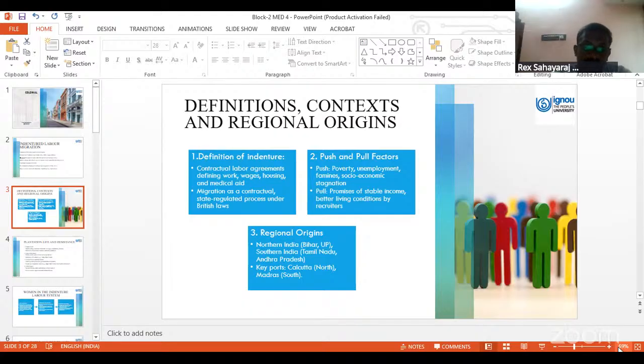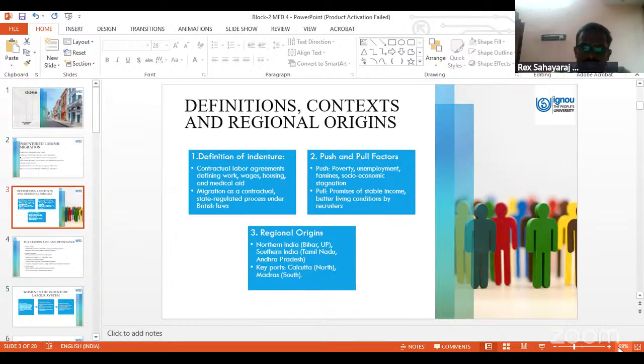Unemployment is the main reason for poverty, and famine and a lot of health issues, socioeconomic stagnation in the country are the pushing factors, because the caste system also played a role in getting jobs. So these are pushing factors from India to move to other countries.